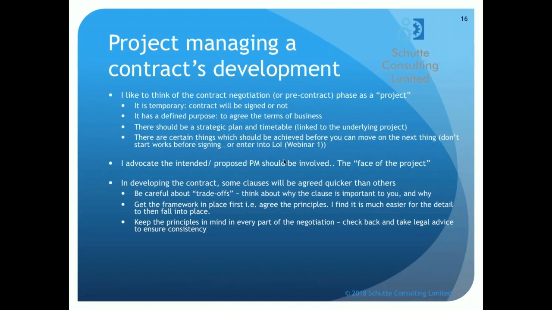Sometimes that works, and it works to varying degrees, but it can be quite dangerous because the contract doesn't really tie together in a very cohesive way. Sometimes that's a question of time, and sometimes skill, and sometimes a mixture of the two. But there are dangers to developing the contract in a patchwork fashion.